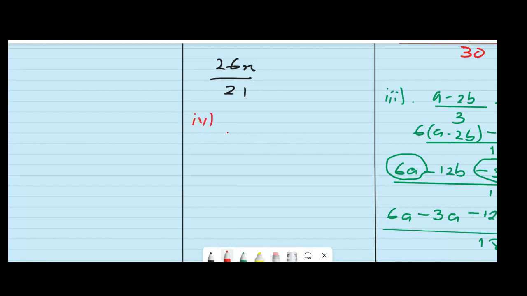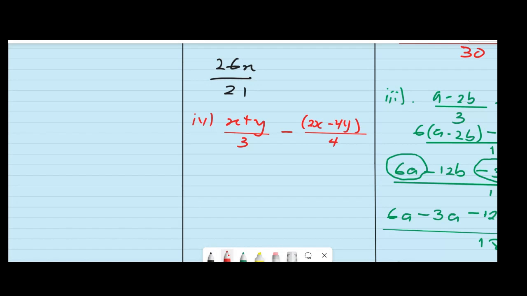And the question is x plus y all over 3, and then minus, we have a bracket of 2x minus 4y and all over 4. Good. So that's the question.